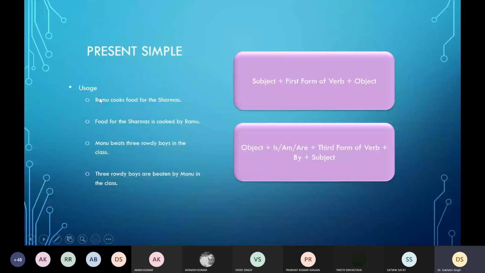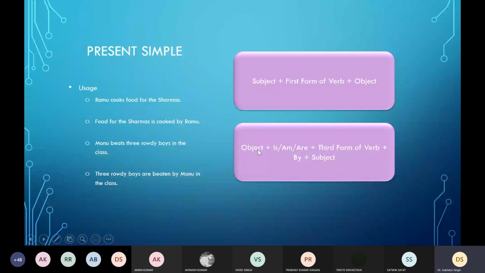What we learn over here is that this is the rule. The first sentence is in the present simple. And when we convert present simple into the passive voice, this is what happens. This one is the rule for the present simple. And the rule for the passive voice of present simple is this.